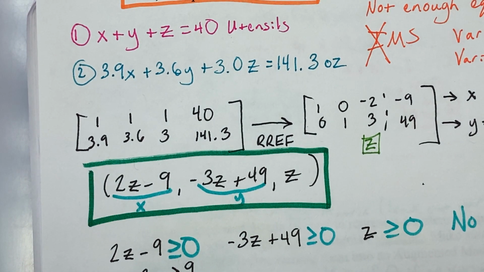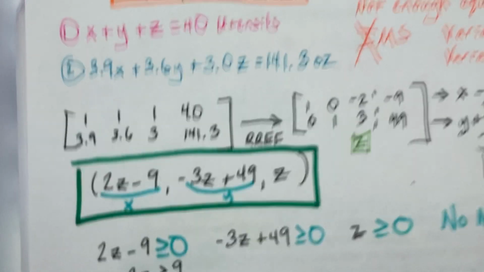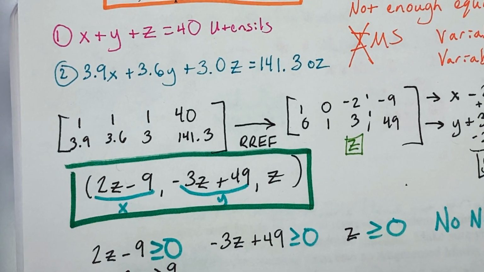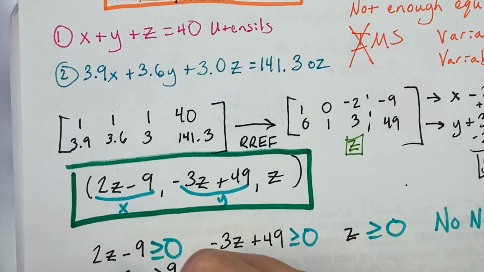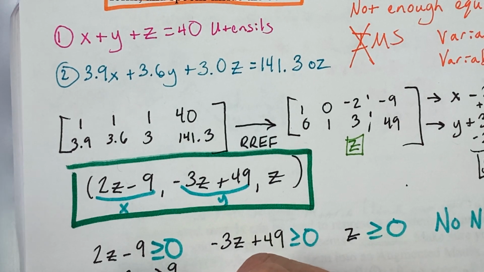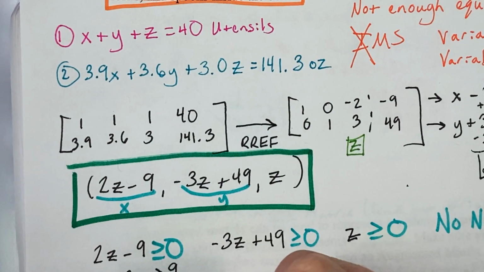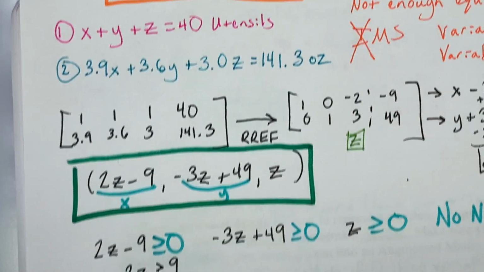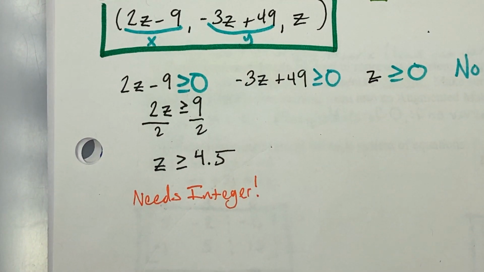But since we also have this specification that Z needs to be an integer, what integer is greater than or equal to 4.5? 5.